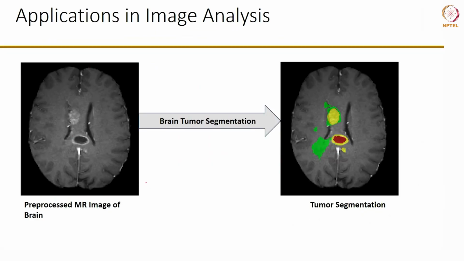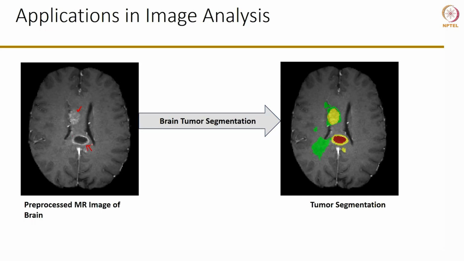CNNs also find applications in image analysis, and in this case we are looking specifically at medical image analysis. If you look at this image on the left, it is an MR image of a brain. It has been pre-processed to some extent. You can see some abnormalities here and there.